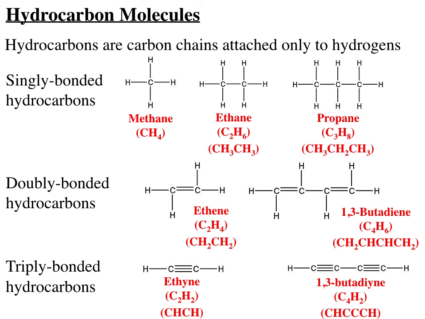The only difference between them is the number of hydrogens, or whether or not there's multiple bonds or there's single bonds. A saturated fat is a fat containing all single bonded carbons. An unsaturated fat, or a polyunsaturated fat, is when the molecule has double bonds dispersed in amongst the single bonds.